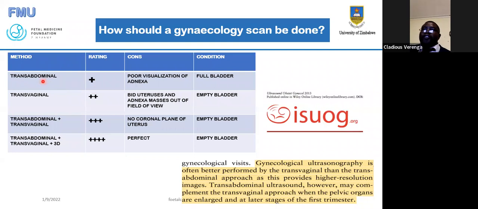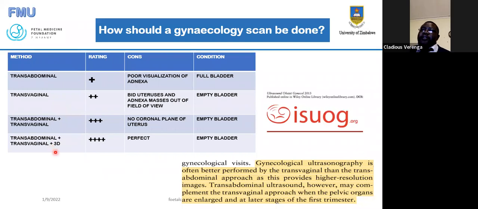I must say we should use it, but I'm saying we don't use it alone. It should always be combined with transvaginal assessment. This is very important. The same message applies when you are evaluating fibroids. You understand why I'm saying this as we continue the presentation.